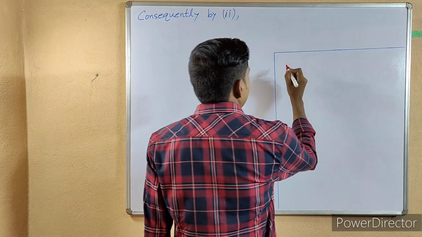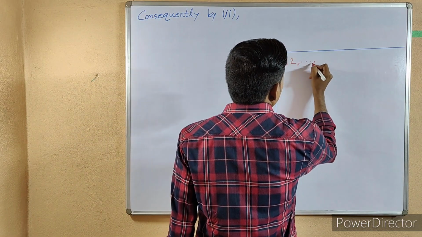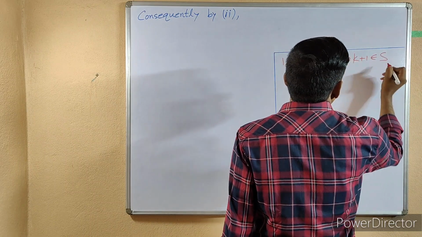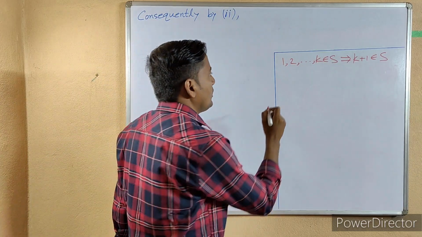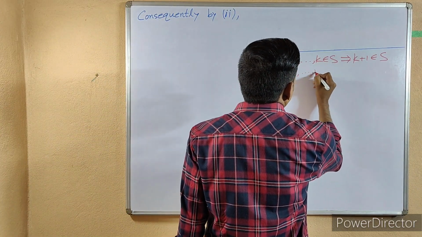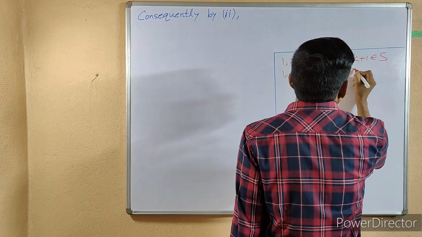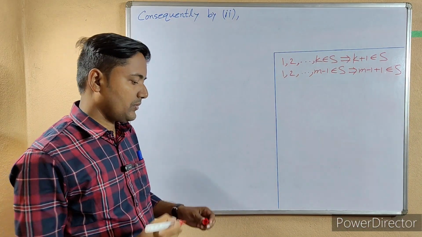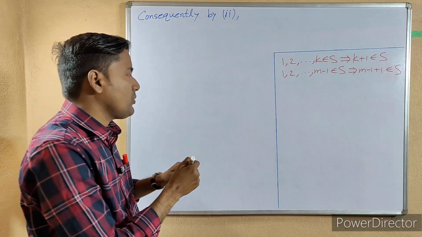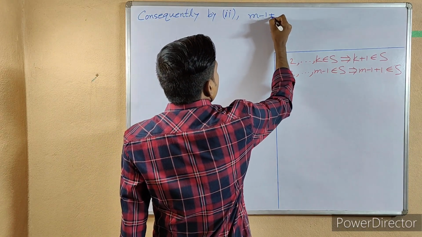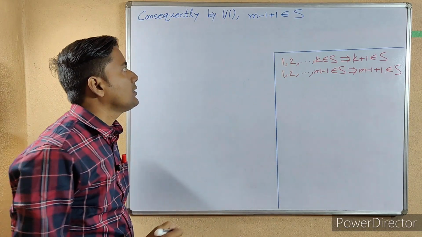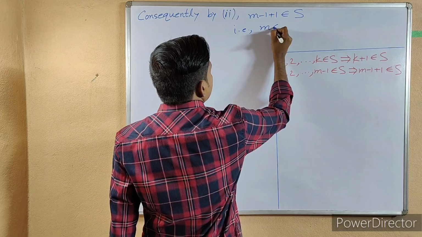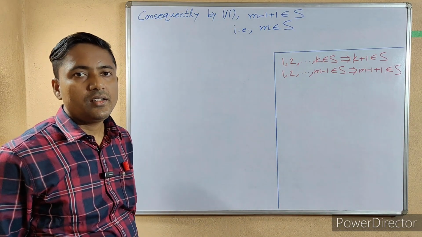From the second given condition, 1, 2, ..., k belongs to S implies k plus 1 belongs to S. Therefore, 1, 2, ..., m minus 1 belongs to S implies m minus 1 plus 1 belongs to S. So we have m minus 1 plus 1 belongs to S. That is, m belongs to S. Okay?